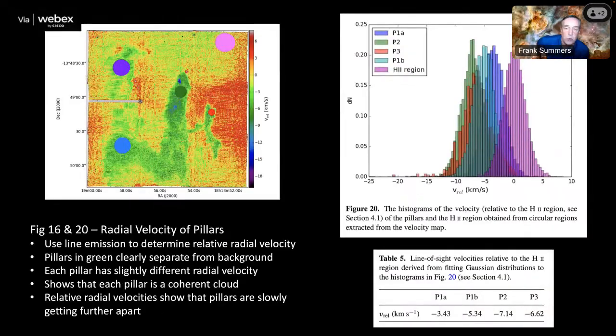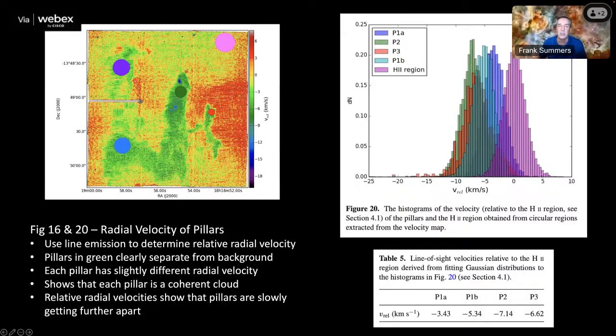Another really useful figure in the paper are figures 16 and 20, where we're talking about the radial velocity. This is actually the figure where I pulled that velocity measurement for the embedded protostar. But here I'm just going to talk about the pillars themselves. All right, and in this color map plot over here, you can see that the pillars are sort of outlined in green, okay? Whereas the background is this yellowish red, okay? And that's important in that the pillars are at a different velocity than the background gas, okay? All right, so the background gas is the gas of the nebula.